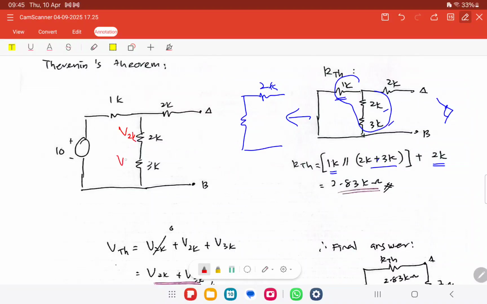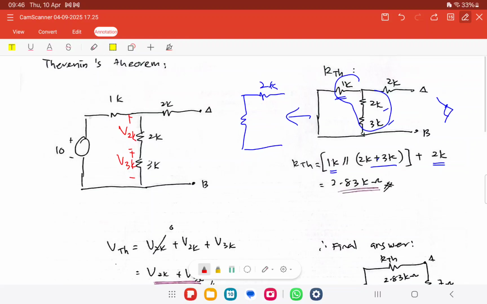V2K, V3K. So you get the I. V2K equals to I darab dengan 2K tu. V3K.